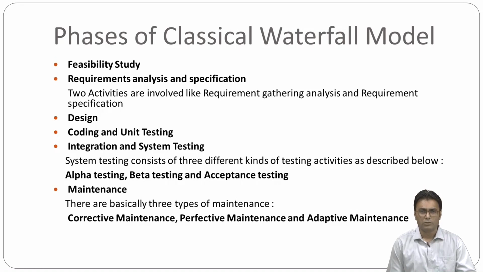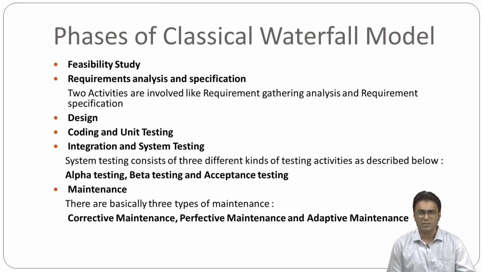So, during each integration step, previously planned modules are added to the partially integrated system and the resultant system is tested. Finally, after all the modules have been successfully integrated and tested, the full working system is obtained and system testing is carried out on it.